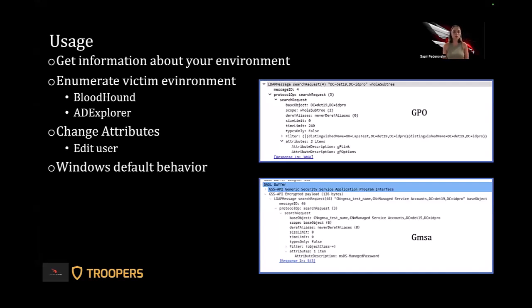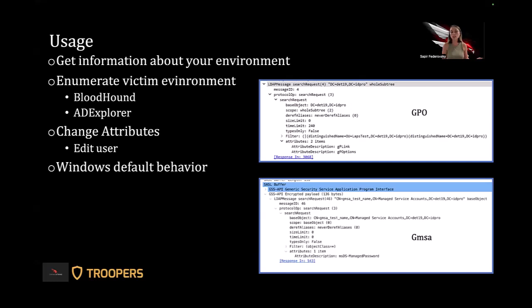Maybe you think to yourself, okay, LDAP, we know attackers use it to enumerate the victim environment, and that's correct. We know tools like Bloodhound and AD Explorer, and we'll talk about them in more depth later. But IT administrators can also use LDAP to get information about their environment, the users, the administrator groups, etc. And there is another party that uses LDAP by default, and it's quite important to speak about it, which is Windows.